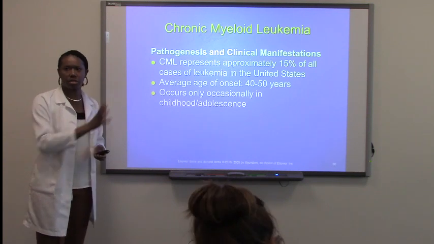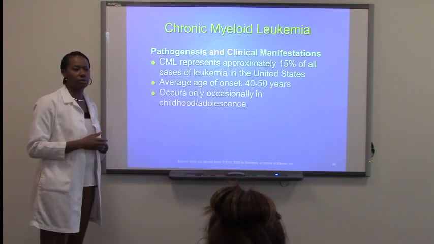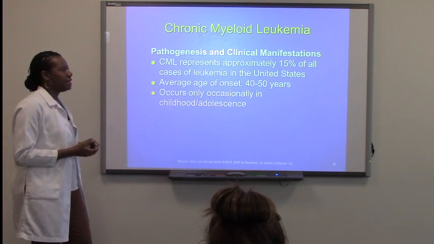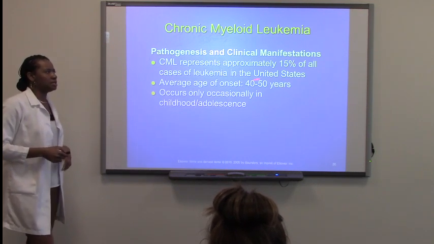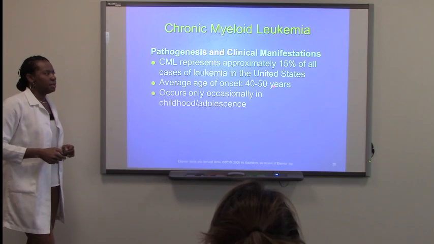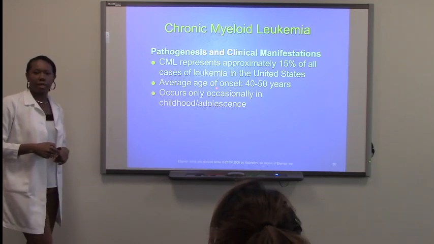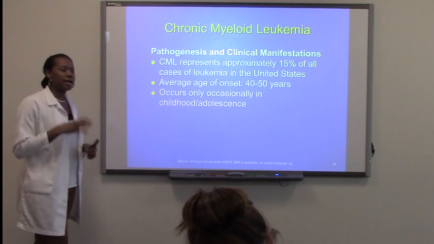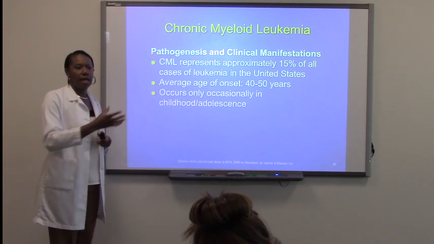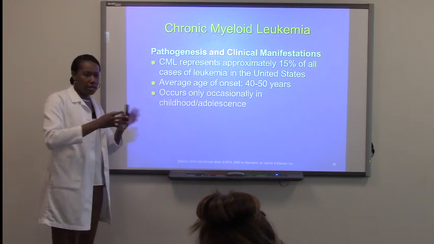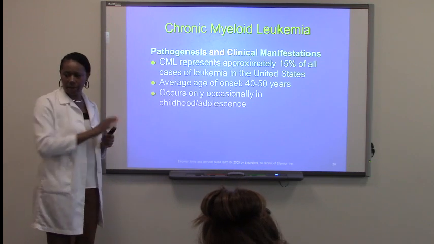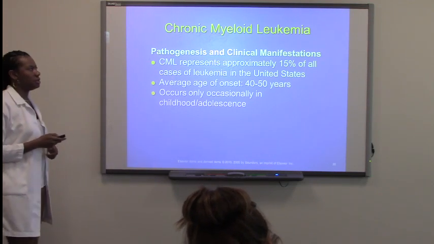So I don't want you to think it's a childhood leukemia. Now, please also study this background information, because I will have some case study type questions, and I will plug in the age ranges and some of the background information that we have here in the introduction.